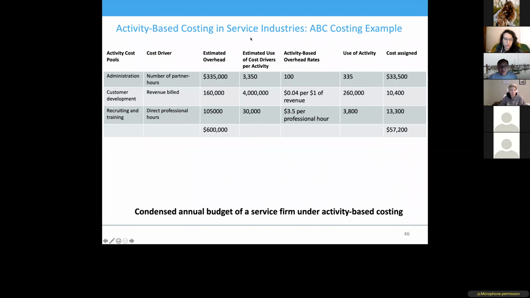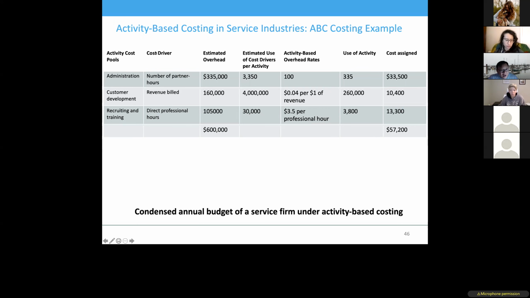And here is an example for the ABC costing system. The total overhead is estimated to be 600,000, but they identified 3 cost generating activities: admin, customer development, and recruiting and training.